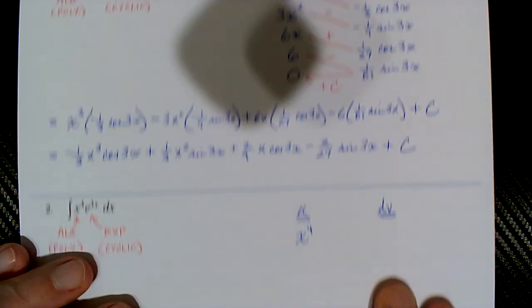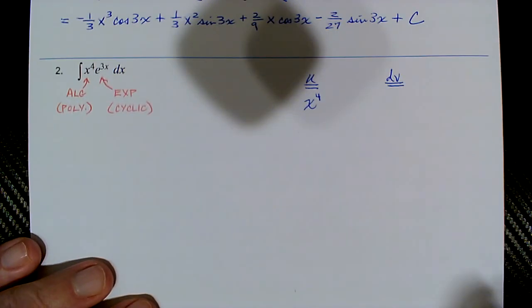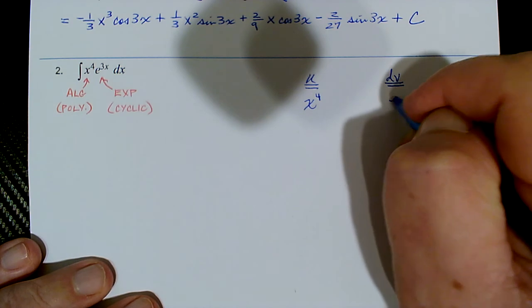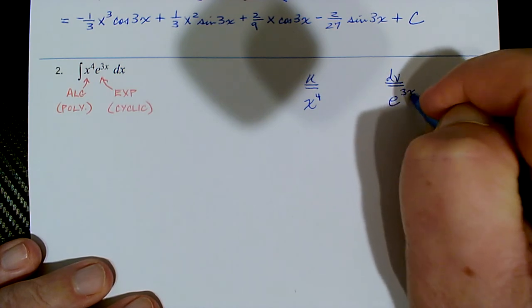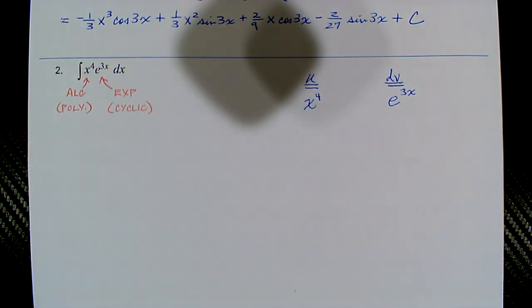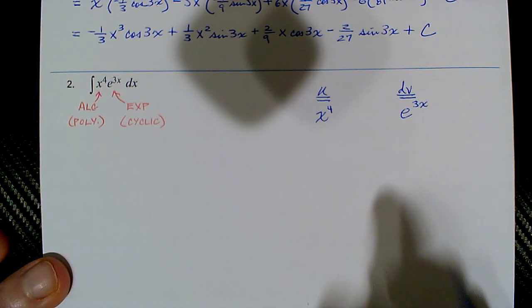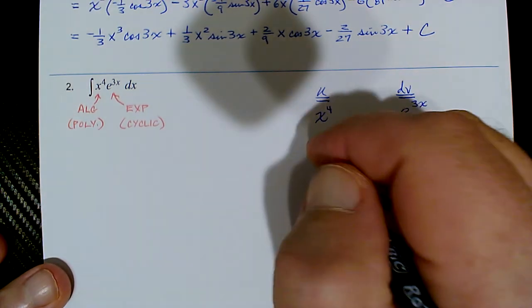So your u is always going to be the polynomial, x to the fourth in this case. dv is what's left, that's e to the 3x, but again, we do not associate the dx. That's because all the integrations and differentiations are going to take place in this table.